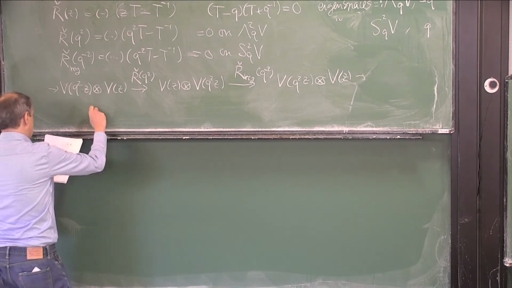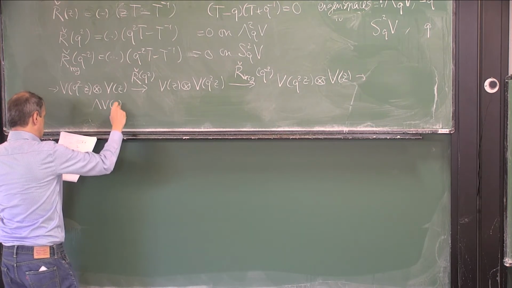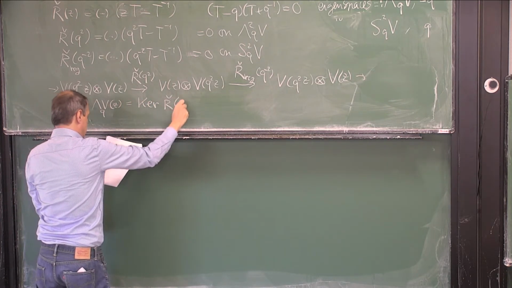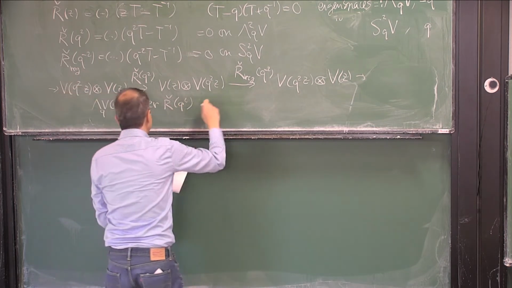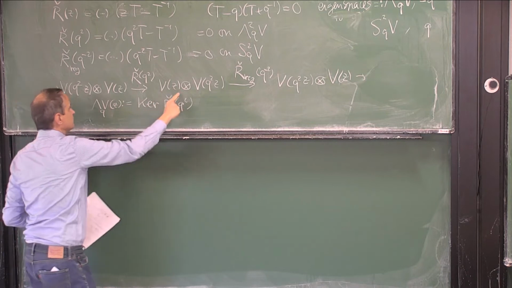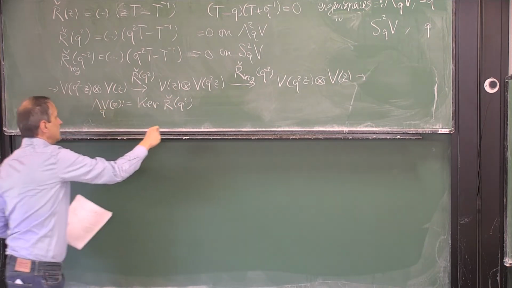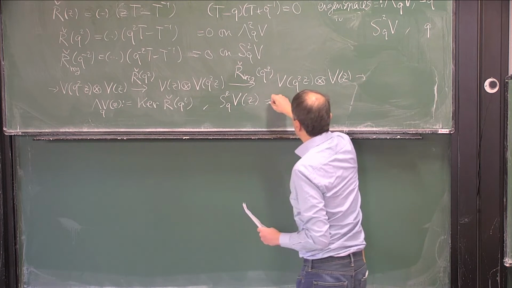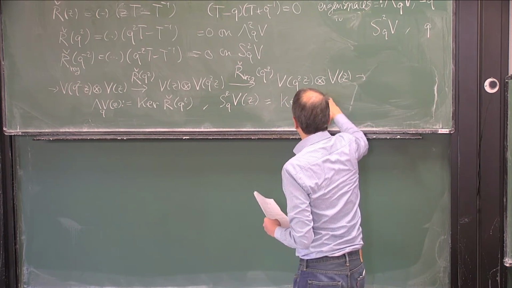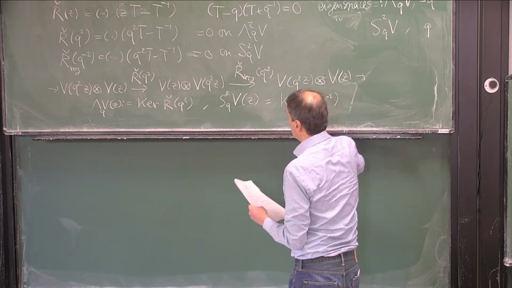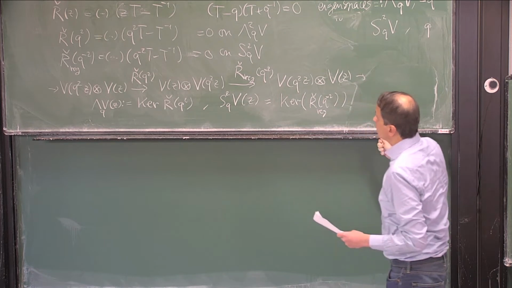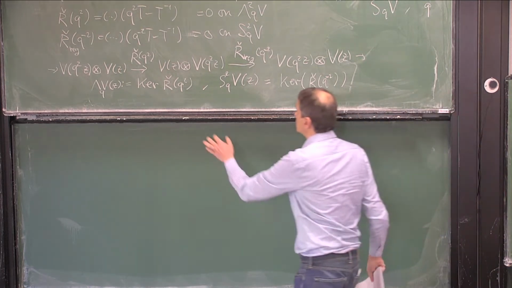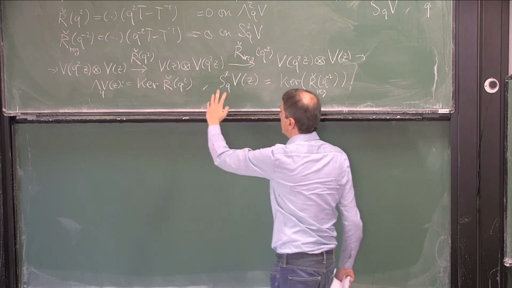So then I can define wedge QV of Z to be the kernel of R check of Q squared, and again definition if you like, but it's a sub-representation of this, and the symmetric power at evaluation point Z as the kernel of R hat of Q to the minus 2. One of the two is regularized.